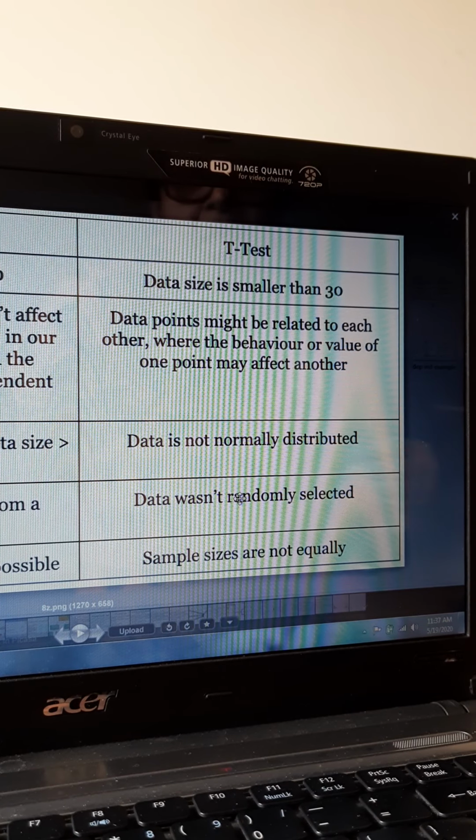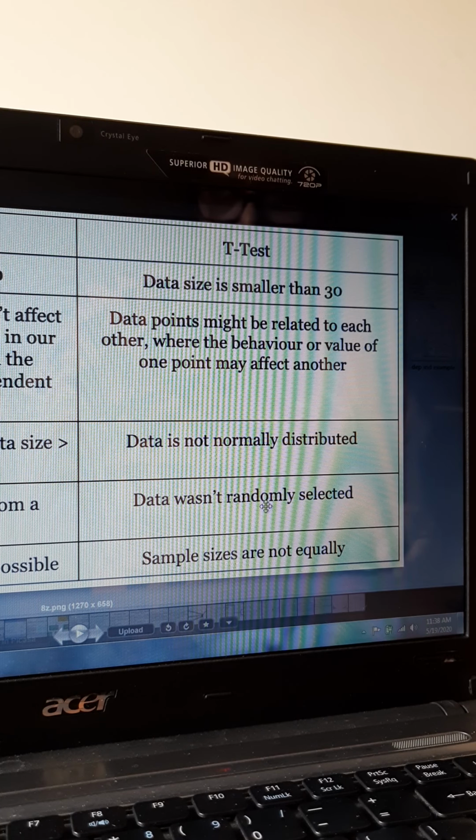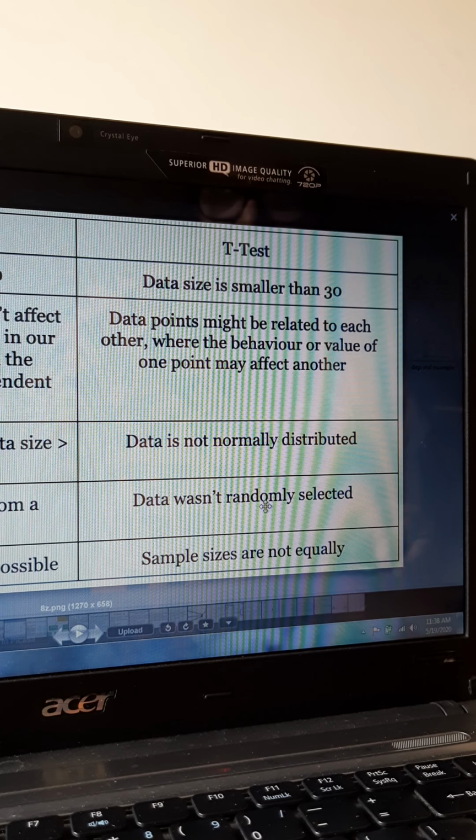So the selection of data was due to convenience or due to other sampling methods. What are the other sampling methods? Do you remember? Convenience sampling method, judgmental sampling method, probability, non-probability sampling, you remember?